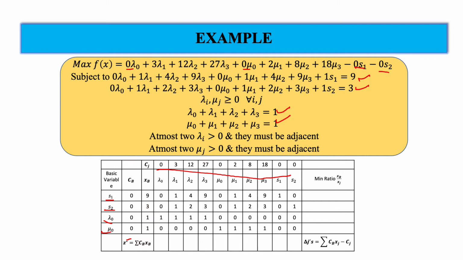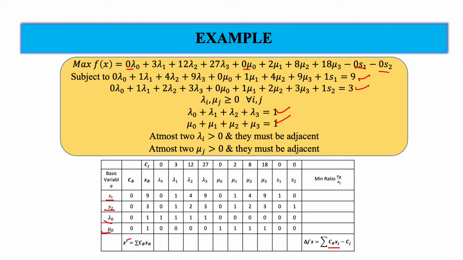Now we will find the delta j's. So delta j, how can we find it? CB into xj, minus cj. CB is 0, and 0 into anything will be 0. So all these values for every delta j are 0 because the CBs are 0.